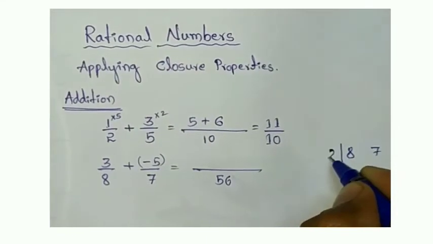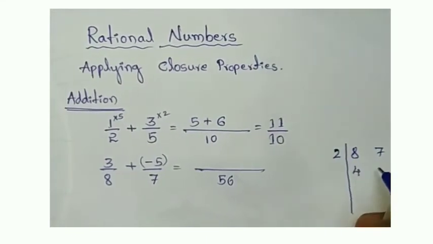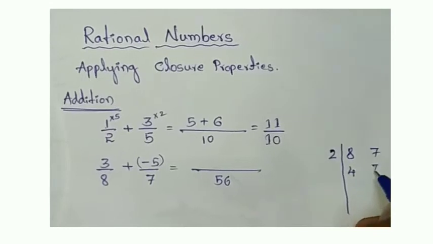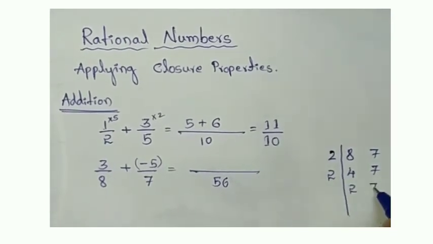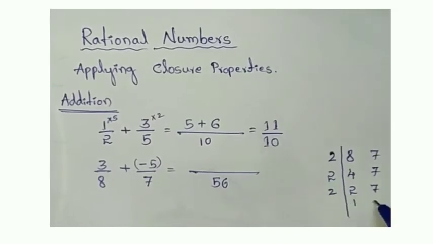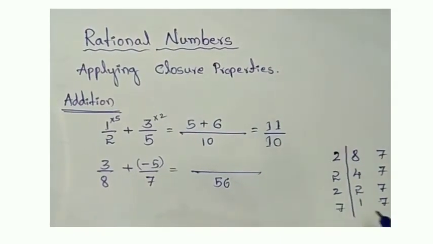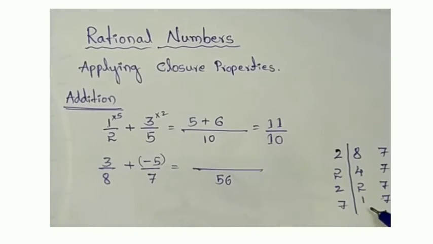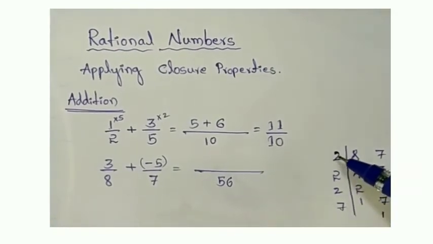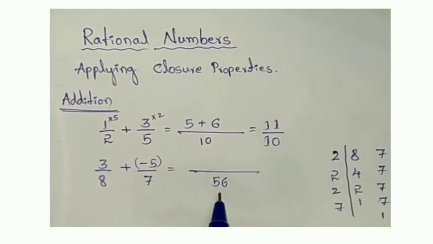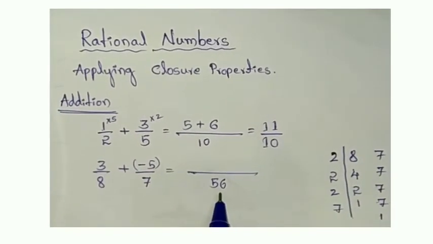Directly taking 2 2s are 4, and here we will get 7. So again 2 2s are 4 and 7, 2 1s are 2, again 7, so 7 1s are 7. Now if you multiply this, 7 2s are 14, 14 2s are 28, 28 2s are 56. So 56 is our LCM.